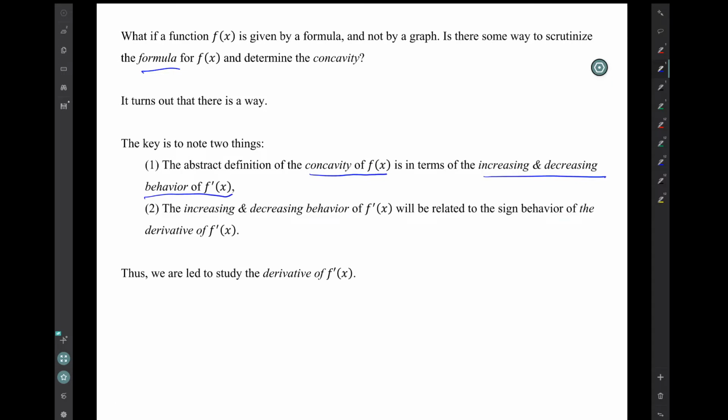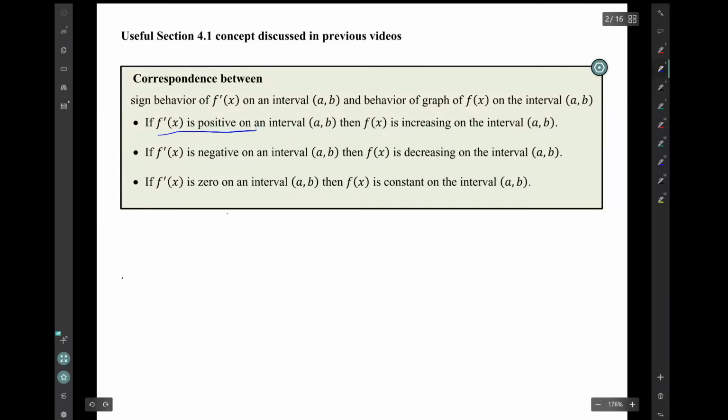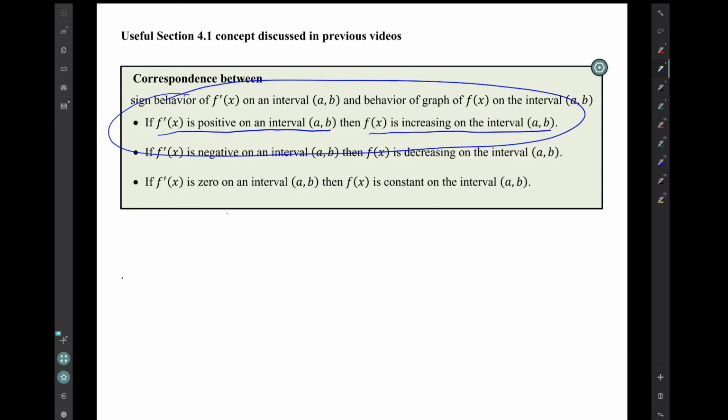Now, think about this. The increasing decreasing behavior of f prime will be related to the sign behavior of the derivative of f prime. Now, where did that come from? Remember that if the derivative of a function is known to be positive on an interval, then the function will be increasing on that interval. Now, in this sentence, the function is f of x and its derivative is f prime of x.